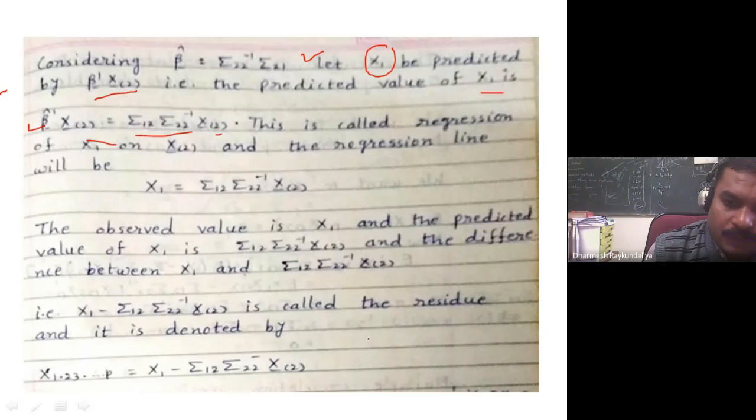ये आप सबको पता है ना. बीटा कैप हमने क्या निकाला? बीटा कैप इक्वल टू सिग्मा 2 2 इनवर्स सिग्मा 2 1. So what is the transpose?